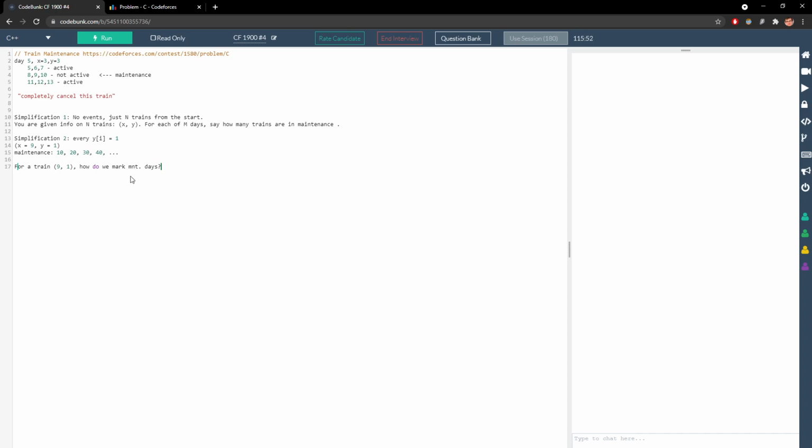Assuming the two simplifications, you just want to mark all multiples of 10. Right? Yeah, but this might be slow, right? Like linear if this value is small. Or is it slow?